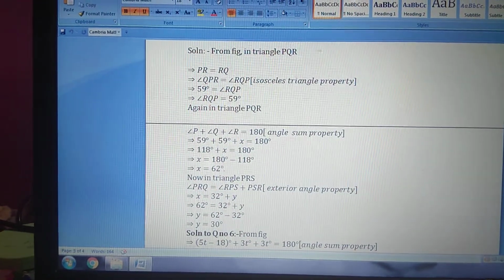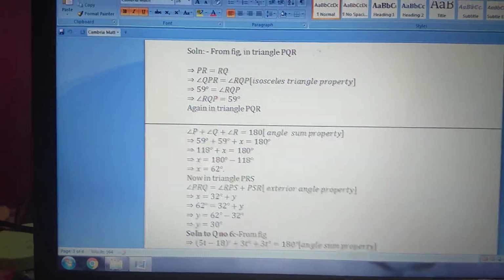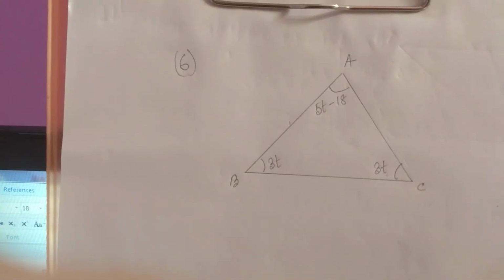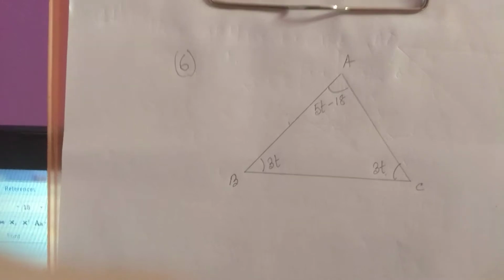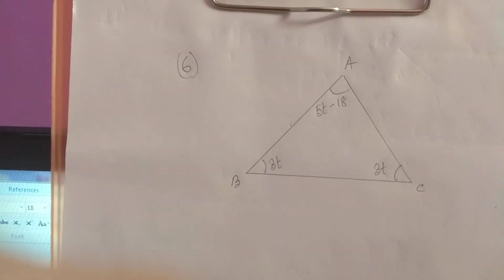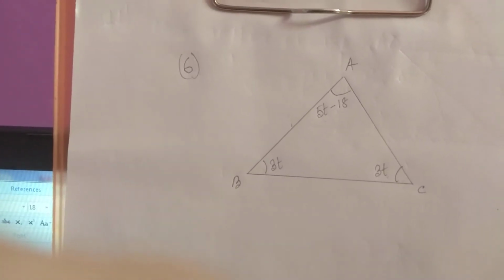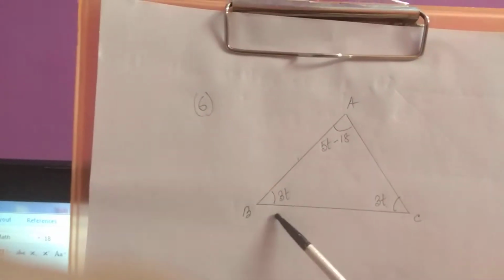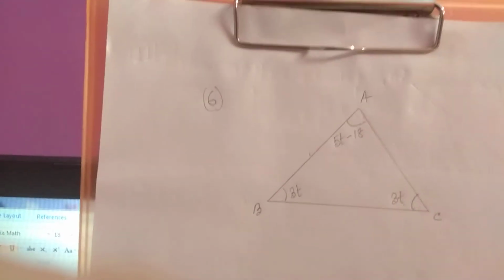Now we will go to question number 6. So here I have drawn the figure of question number 6. What is told in the question? The vertical angle of an isosceles triangle is 5t minus 18 and the base angles are 3t. So vertical angle means this topmost angle is called the vertical angle and these two are base angles.